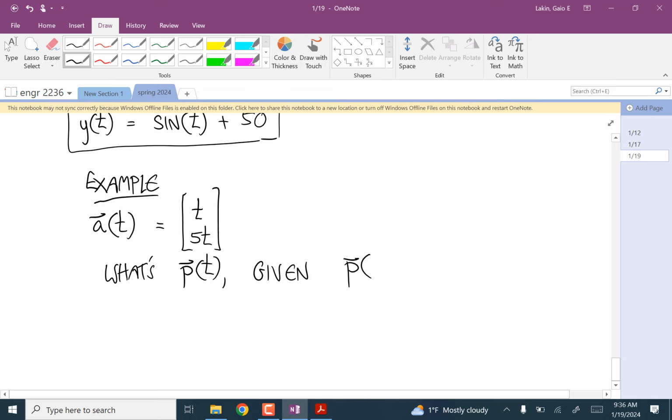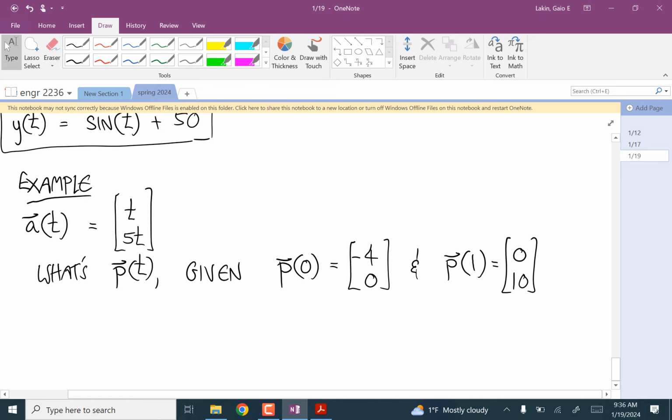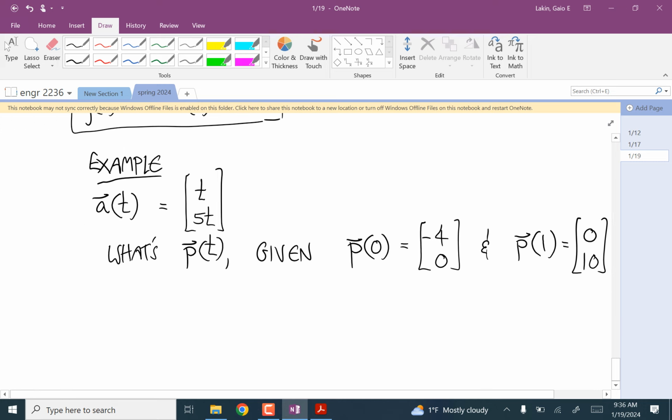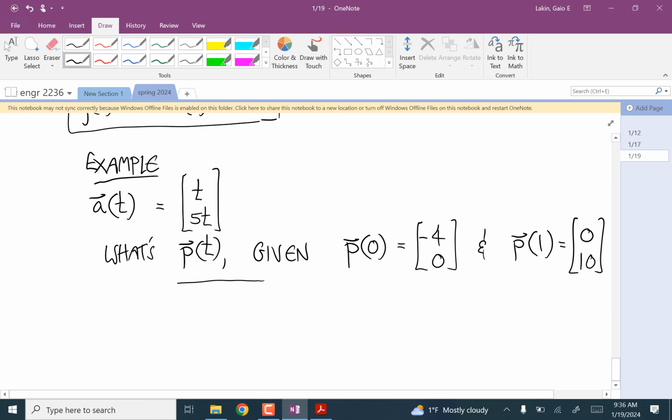The position when time is equal to 0 is <-4, 0>. And the position when time is equal to 1 is <0, 10>. Obviously I just made up those boundary conditions.